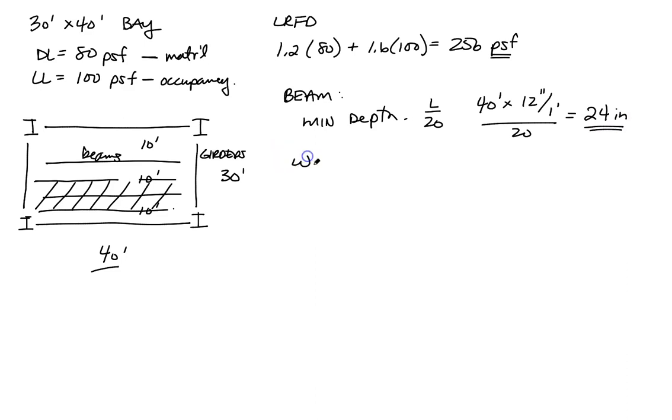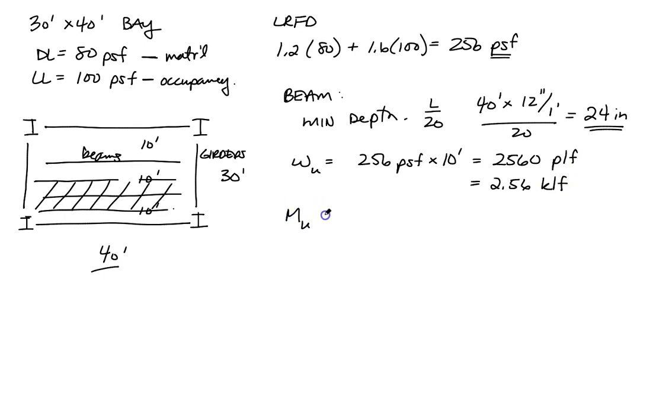We're going to do our distributed load. We're going to take our 256 pounds per square foot, multiply that by 10 feet. That's going to give us 2560 pounds per lineal foot. And then with units, it's going to give us 2.56 kips per lineal foot.